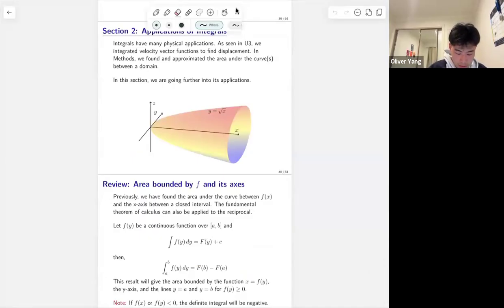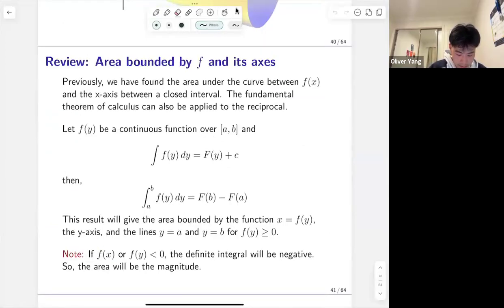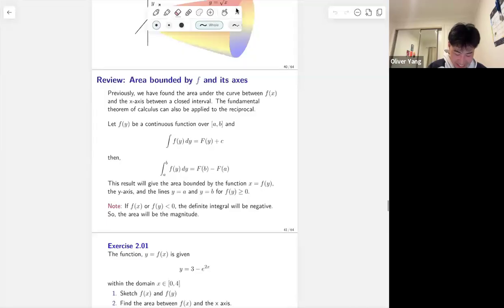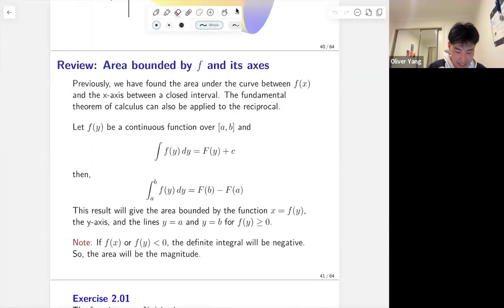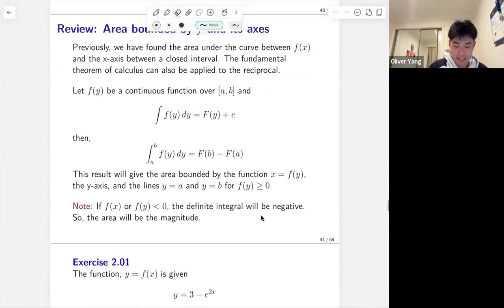So, applications of integrals. We've got the area under the curve. We should know that from Methods. We can also do this if it was a function of y, so instead of f of x, we can do f of y.